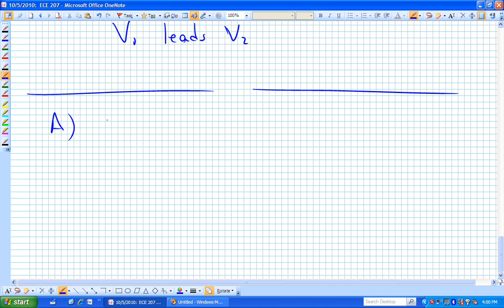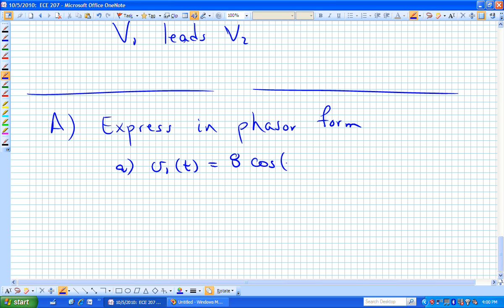First part, I want you to express a couple of these in phasor form. You don't have to write this down necessarily, but you could in your notes and then hand in your answer. If you have V sub 1 of t equaling 8 cosine of 100 pi t plus 10 degrees, and that's a voltage, V. Let's say another one is I sub 1 of t.